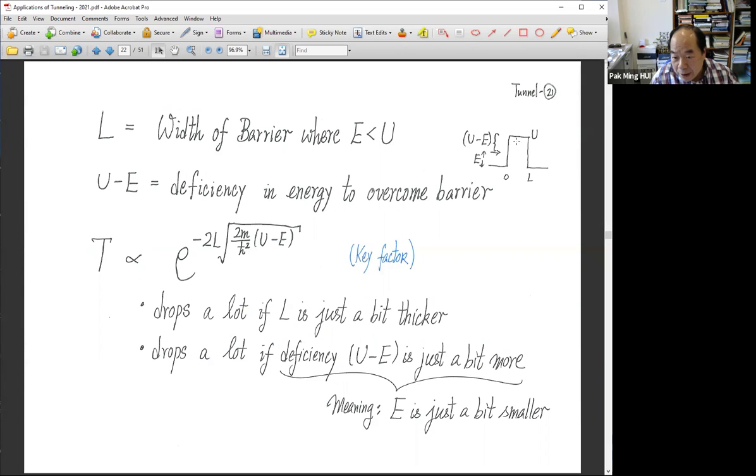If you let the barrier width decrease by a little bit, T can increase by much. Or you make it bigger, it will drop by much. Or else, if you decrease the barrier U by a little bit, the tunneling probability, the transmission T, will increase by much, very sensitive, exponentially. So this is the dominating behavior, okay?